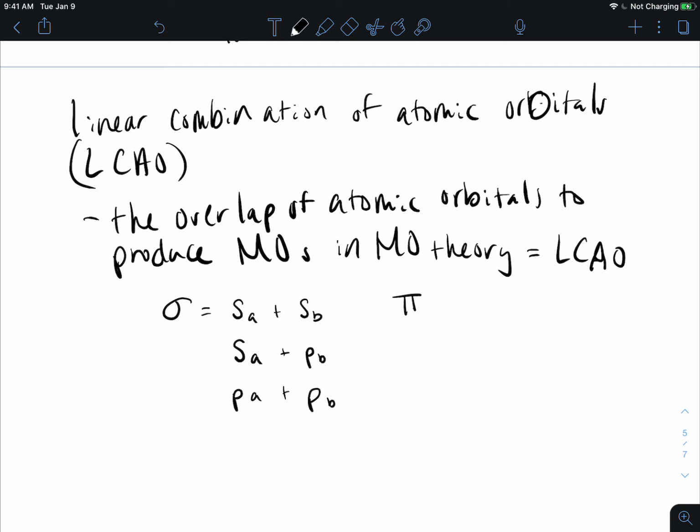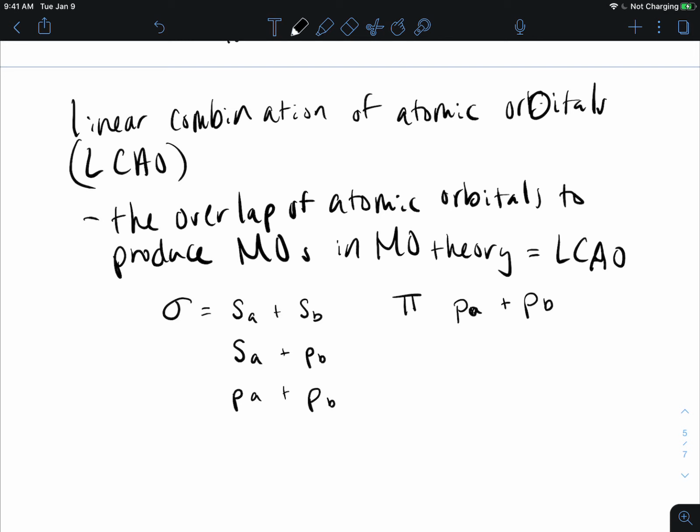To produce a pi bond, or a pi molecular orbital, we have the p orbital of atom A with the p orbital from atom B. Those have to be parallel to each other.